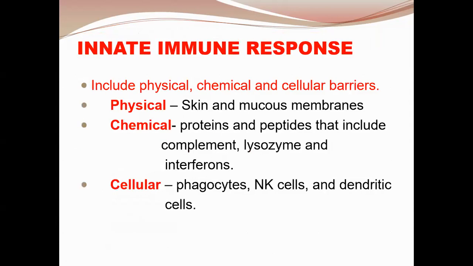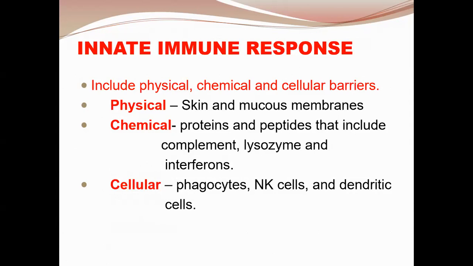Now, we look into what the innate immune response is. The innate immune response includes the physical, chemical, and cellular barriers. What are the physical barriers? They are the skin and mucous membranes. The chemical barriers are the proteins and peptides, which include the complement system, lysozyme, and interferons.